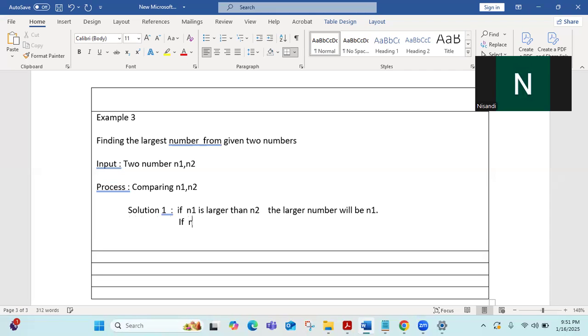If N2 is larger than N1, the larger number will be N2.